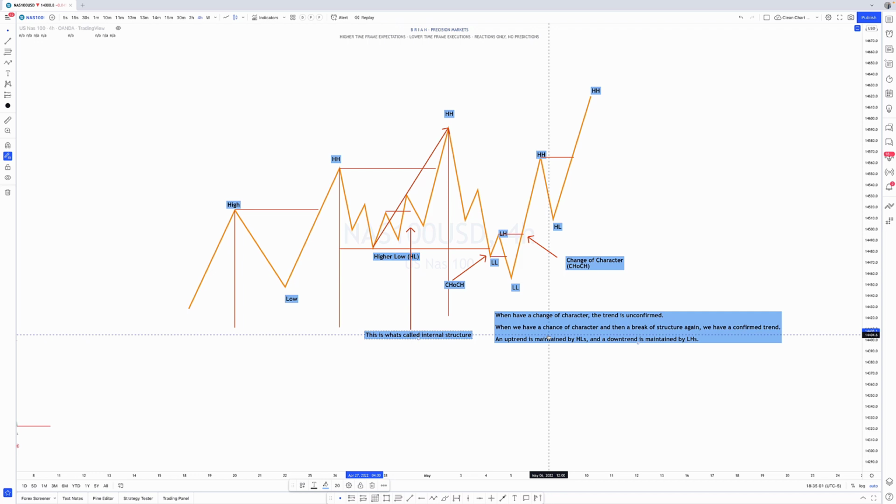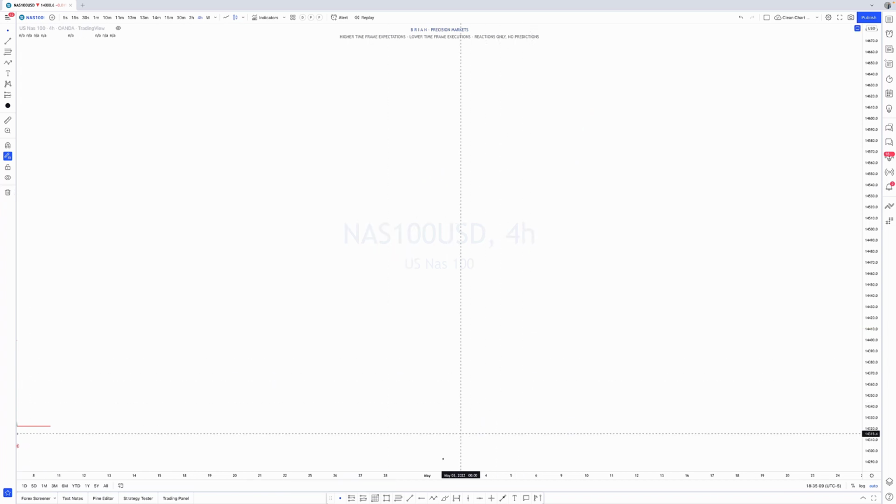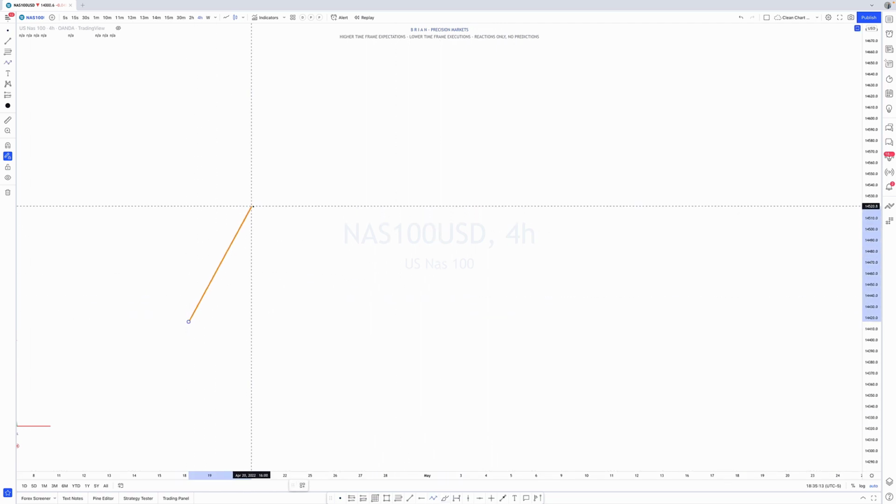So now that you've got a primer on market structure by itself, let's talk about our rules for whenever price breaks. There are a couple of key things that are important to know.